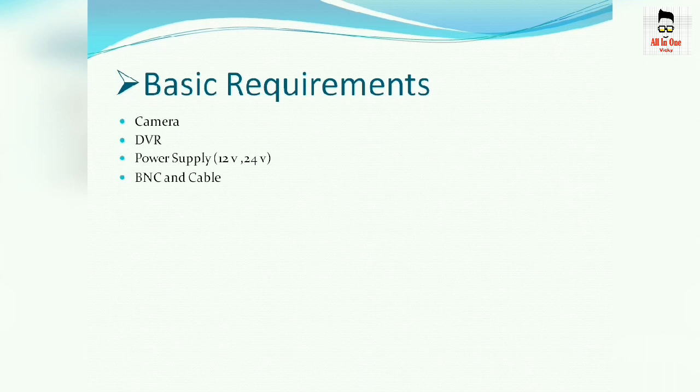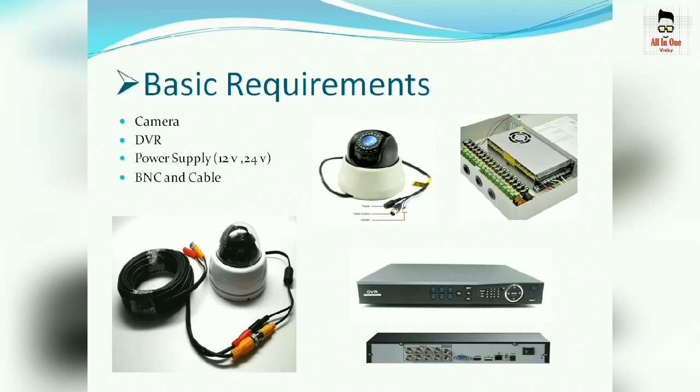These are the diagrams for it. The very first one is the camera, and the second is the DVR. So the DVR is here, and the third is the power supply. The power supply is either 12 volt or maybe 24 volt DC. These are the DC power supplies for the dome cameras.